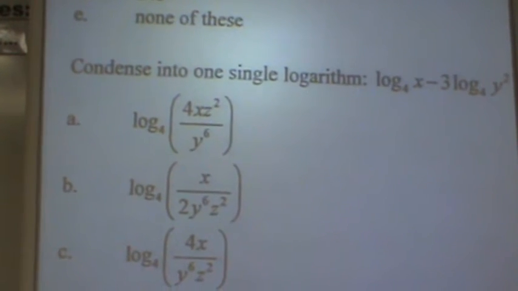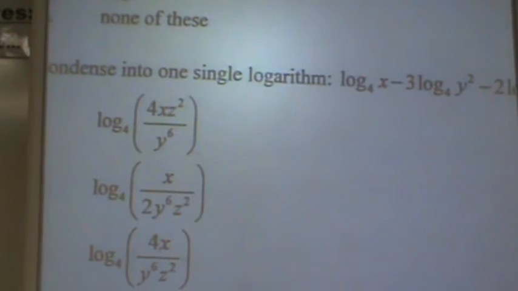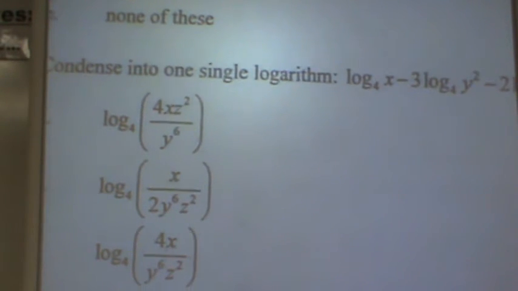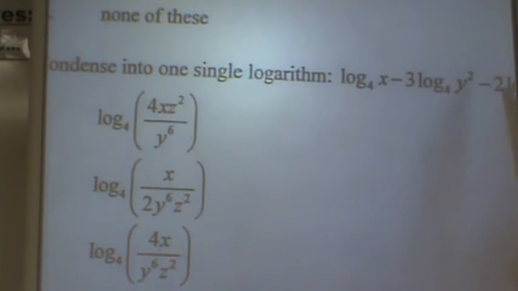73, how would you condense this as a single log? Well, what you'd want to do is look at the fact that you have a couple subtractions. So these would be in the denominator. So this 3 goes here. You would cube that. And this 2, you're going to square that. So you've got, and they're all base 4.